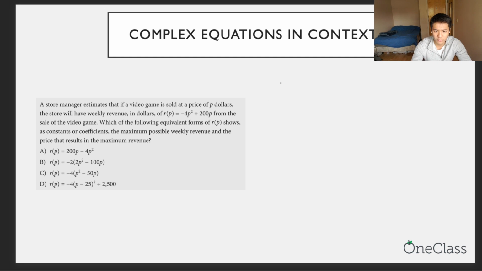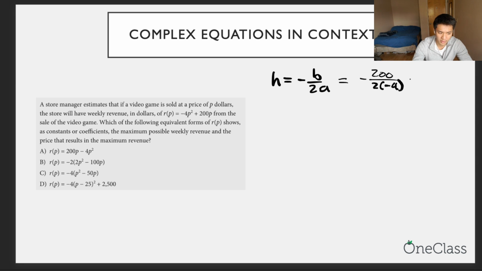So remember, one of our equations that you might have seen before in math class is the calculation for the x variable, or in this case, the p variable at the vertex. And that's going to be given by, if we represent that p variable as h, we get h is equal to negative b over 2a. Here we can see that b is equal to 200, so we get negative 200 divided by 2 times -4.